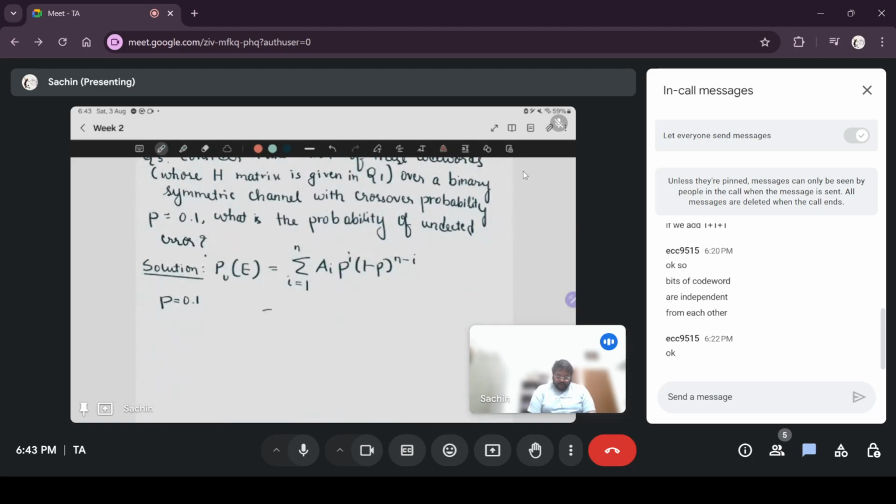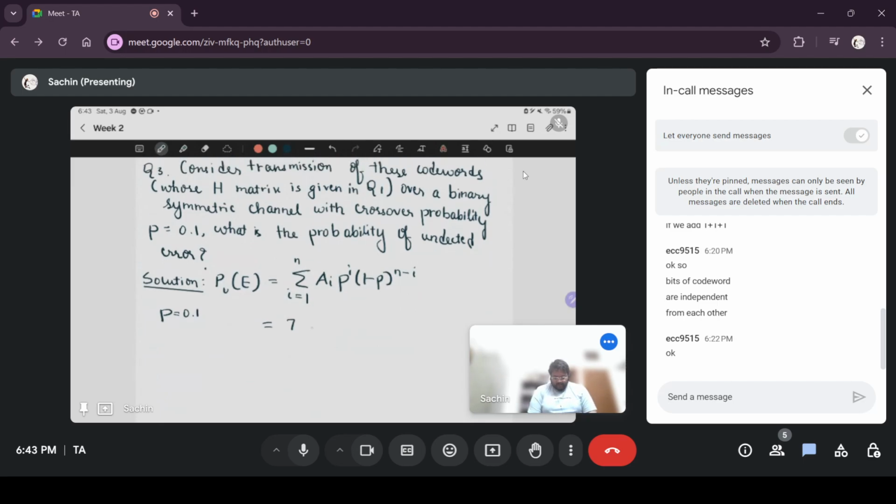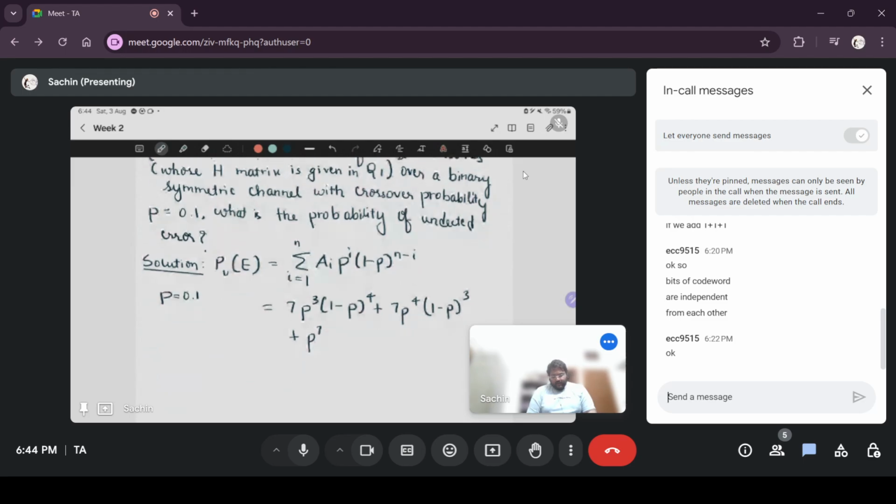So this will be for the previous question: 7 code words with Hamming weight 3, so 7 p cube (1 minus p) power 4. 7 code words with Hamming weight 4, 7 p power 4 (1 minus p) cube. And 1 code word with Hamming weight 7, that is p power 7.